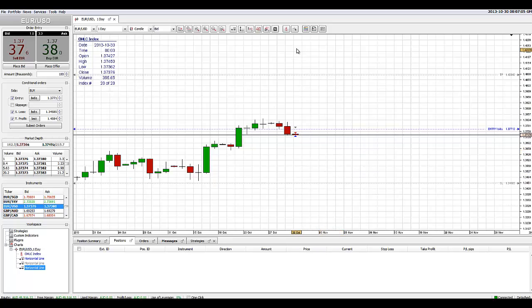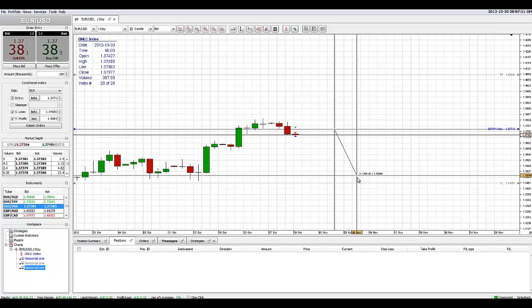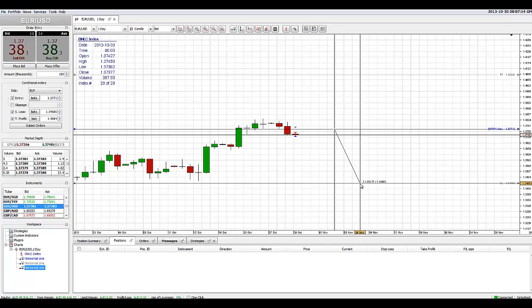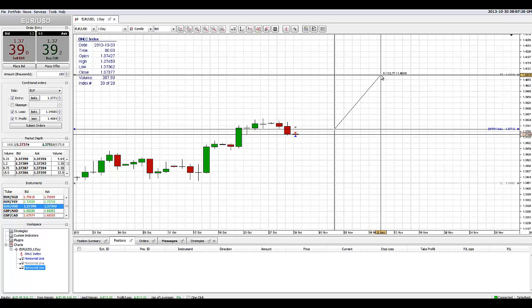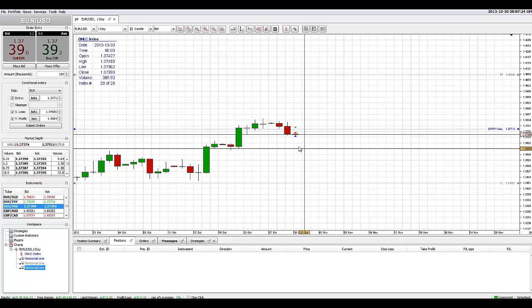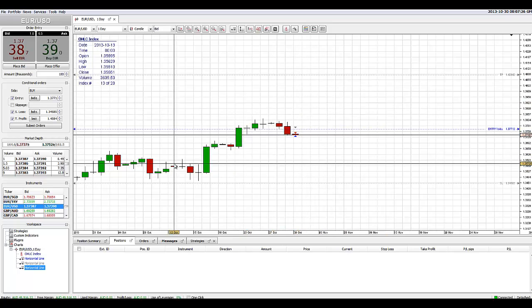The cursor also allows you to measure the risk reward between your entry and your stop loss, which is a 312 pip risk versus a 312 pip take profit, which is a 1-to-1 risk reward for this transaction. So that's one transaction.